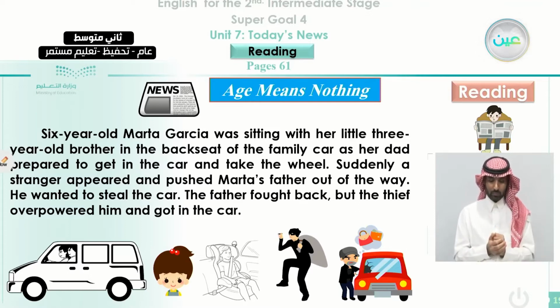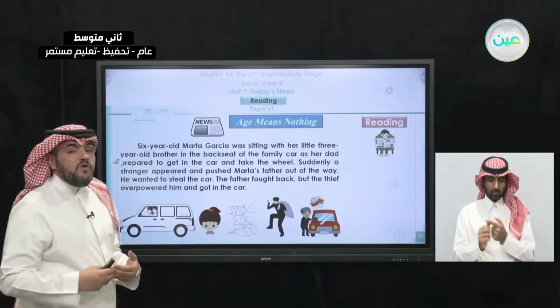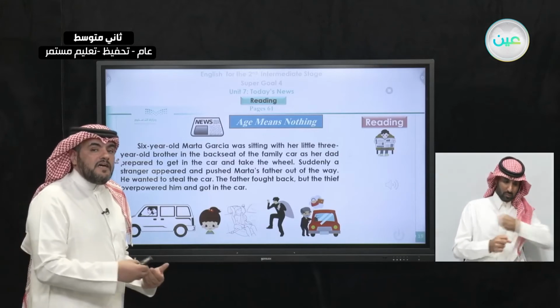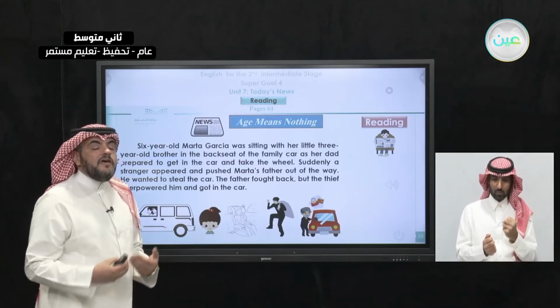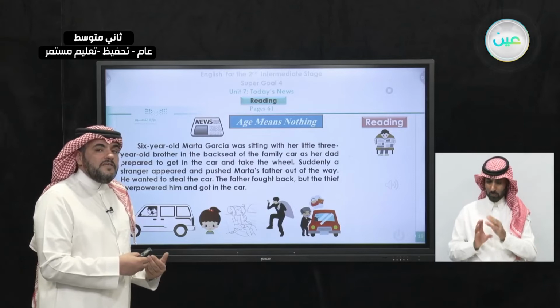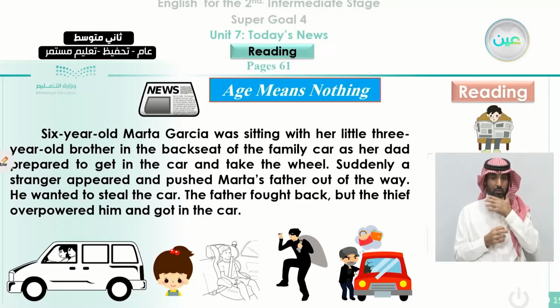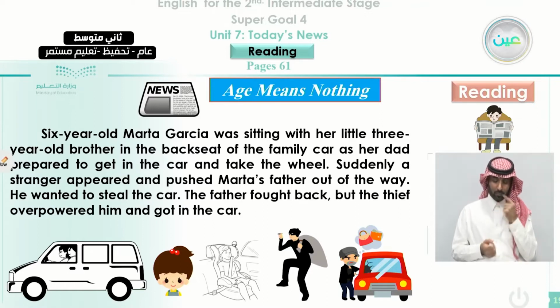Okay, so you can tell now about the introduction of this news that the thief was trying to steal the car, but unfortunately there were 2 children inside the car, Marta and her little brother. How old is Marta? Marta is 6 years old, and the child is 3 years old. Do you think that Marta can react to this action?